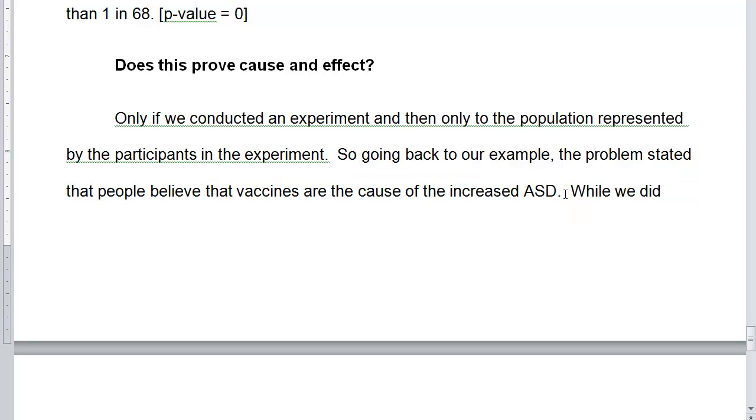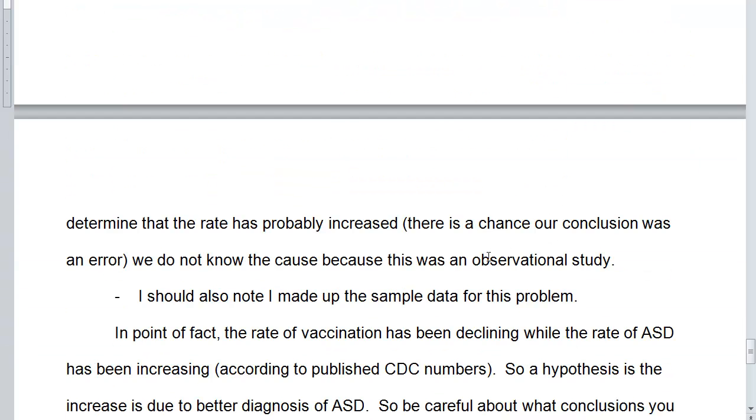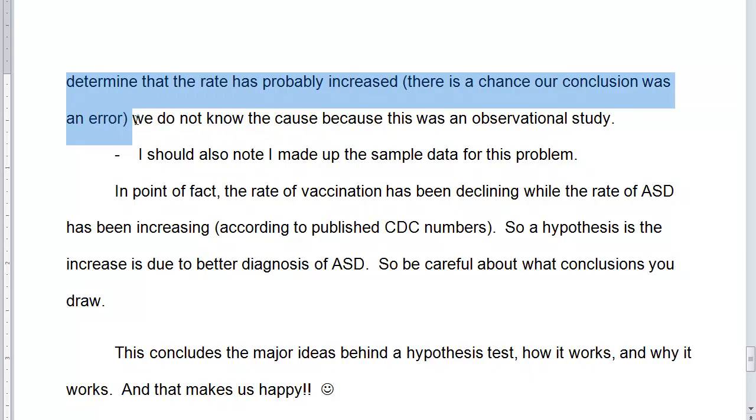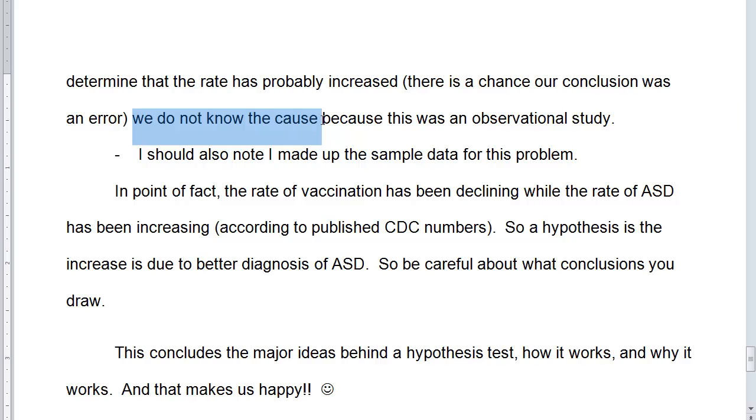While we did determine that the rate has probably increased, there is a chance that our conclusion was an error, which we'll discuss later. We actually don't know the cause because this was an observational study. I was just looking at what is naturally occurring.